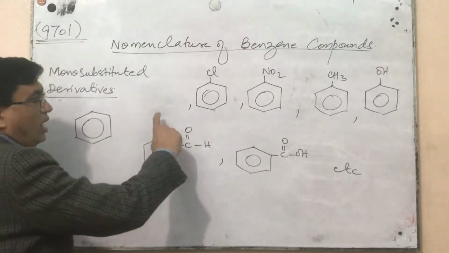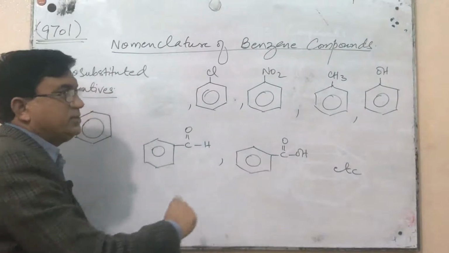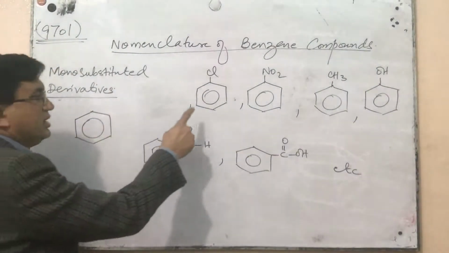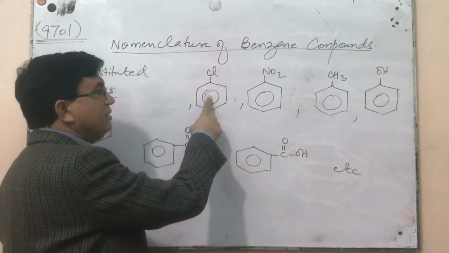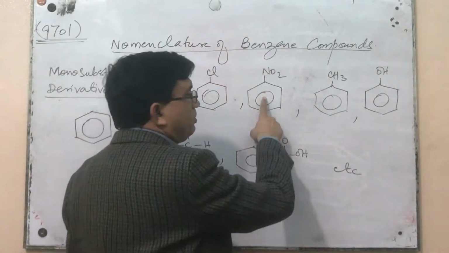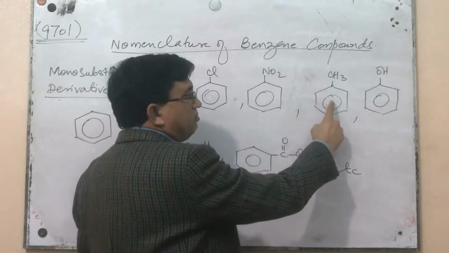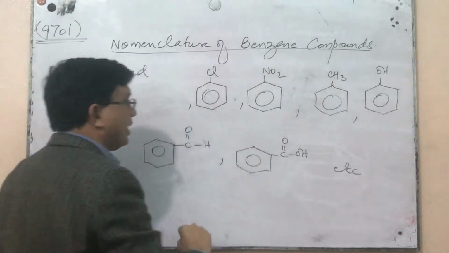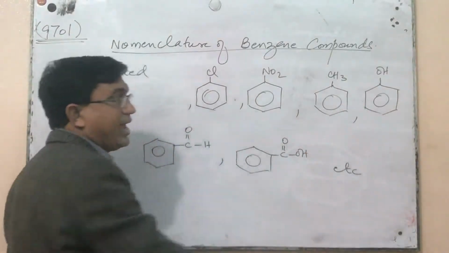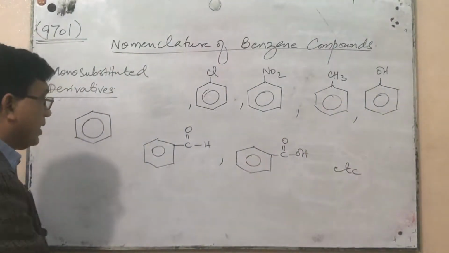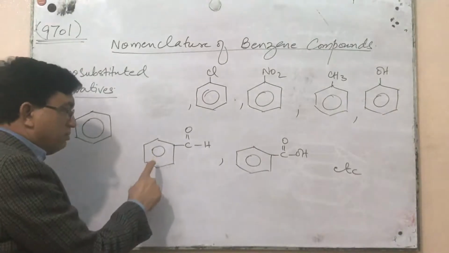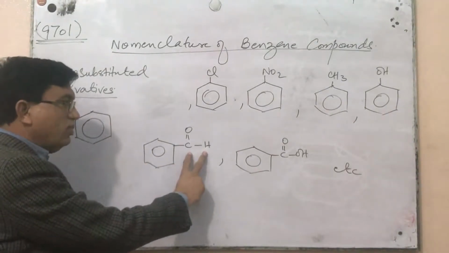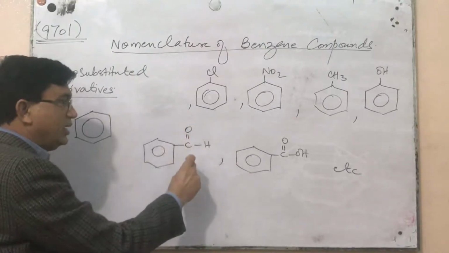For example, all of these are monosubstituted derivatives of benzene. This is chlorobenzene, nitrobenzene, methylbenzene, phenol, which is also termed as aromatic alcohol. This is benzaldehyde, because this is the formyl group, which is a group of aldehyde.